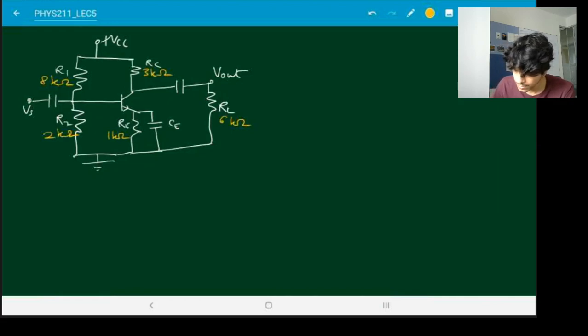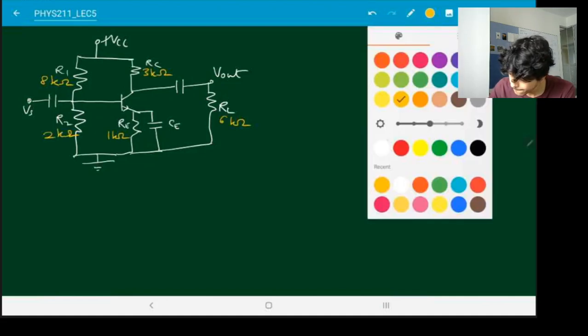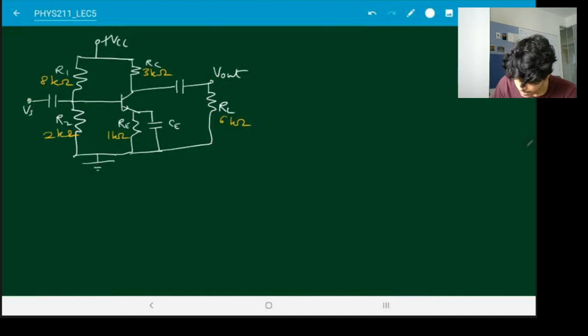So how should we do this calculation? Let's again start with the base, collector, emitter. So voltage at the base you get from the voltage divider circuit, which is VCC R2 over R1 plus R2. How much is VCC? 15 volts, okay.